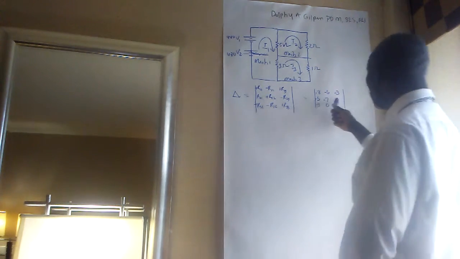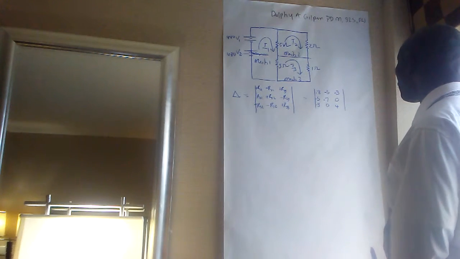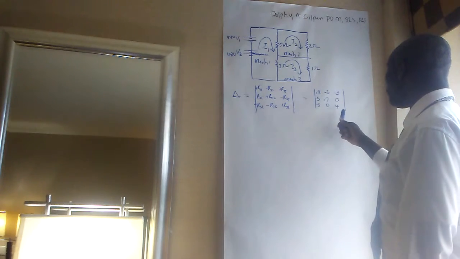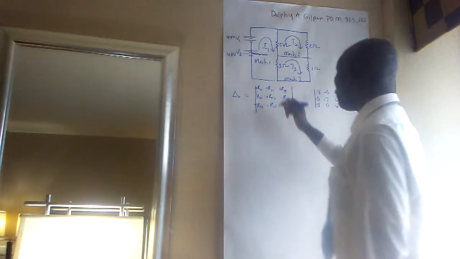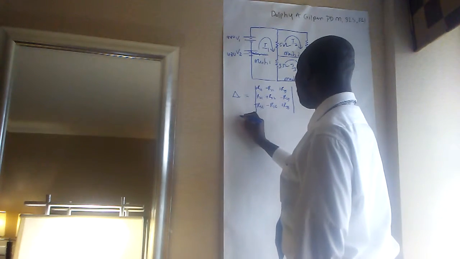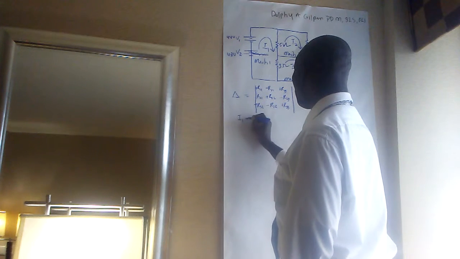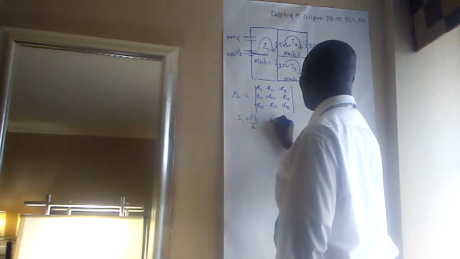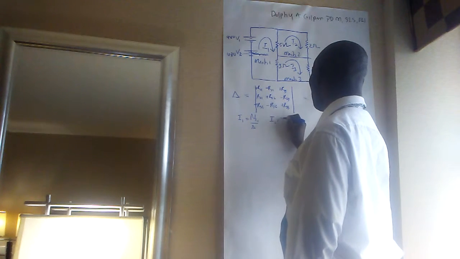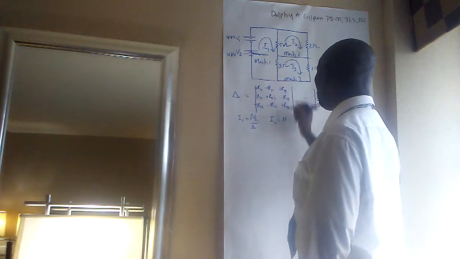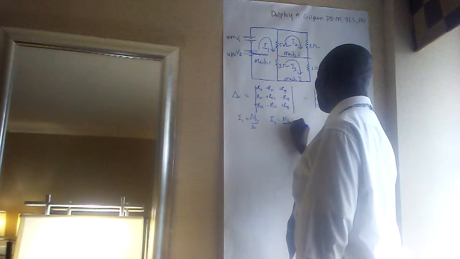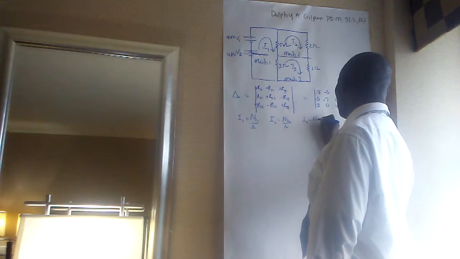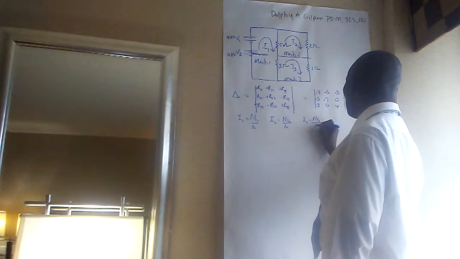So delta is equal to the determinant of that, and we're going to calculate the determinant, and we're going to find now I1 is equal to numerator I1 over delta. I2 is equal to numerator value I2 over delta, and I3 is equal to numerator I3 over delta.